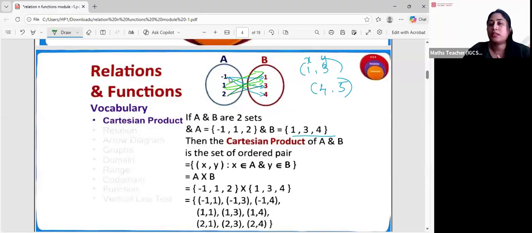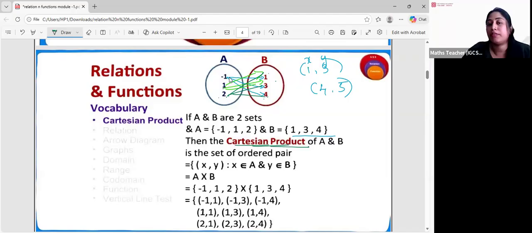Next, 2 with 1, 2 with 3, 2 with 4. So these are the ordered pairs: -1 with 1, -1 with 3, -1 with 4, +1 with 1, 3, 4, and 2 with 1, 3, 4. The overall set of these ordered pairs we call the Cartesian product.